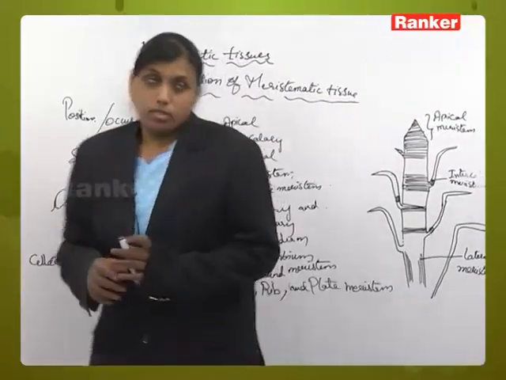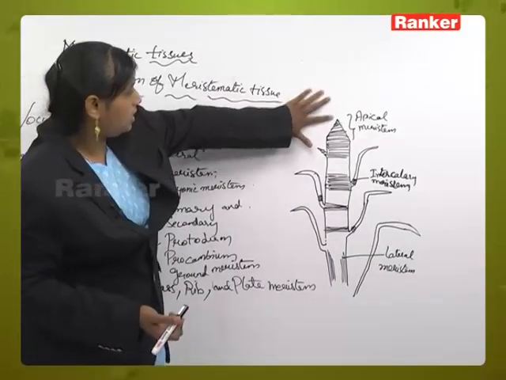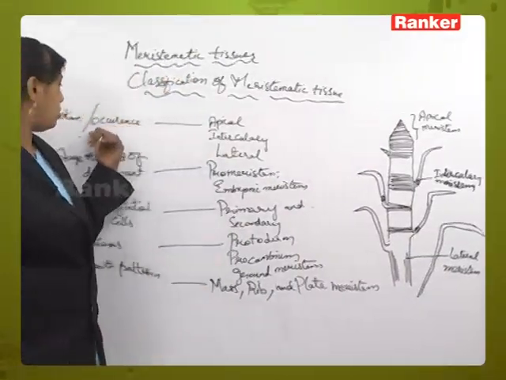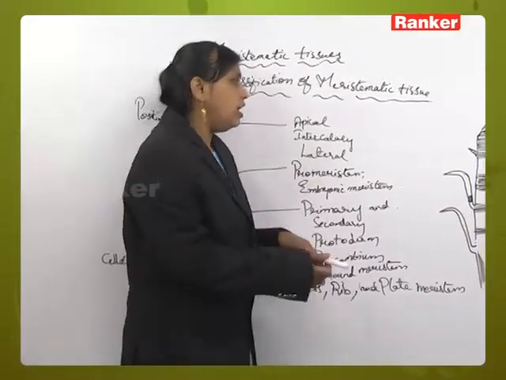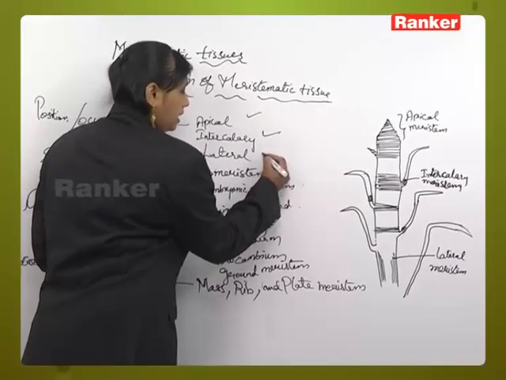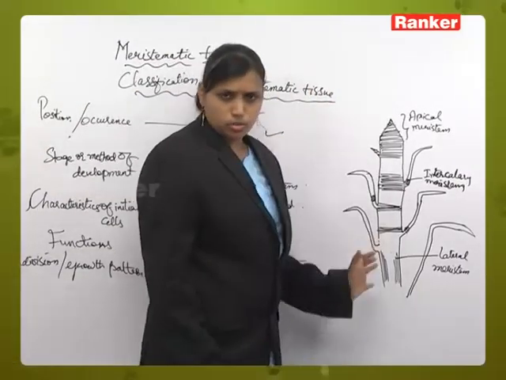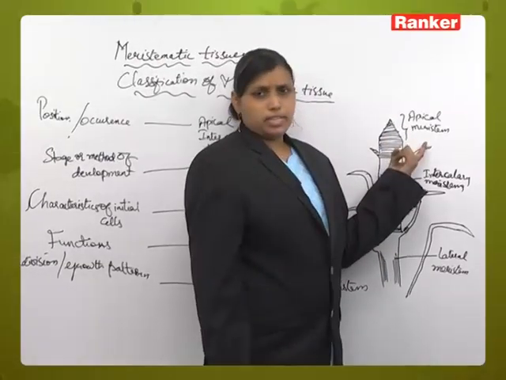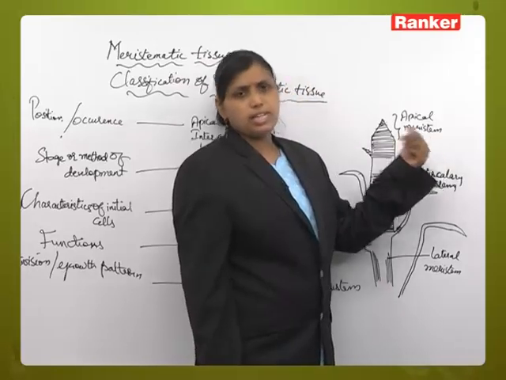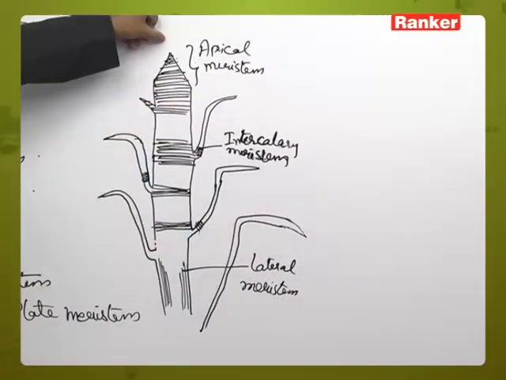Now, look at this diagram here. As we said earlier, on the basis of the occurrence of the position from where the meristematic tissue is occurring, we said there are three types. Those are apical meristem, intercalary meristem and lateral meristem. Now, if we take the TS of a shoot, all the apical meristems are the meristems which are present at the tips of the roots, stems, leaves, tip of the shoots.